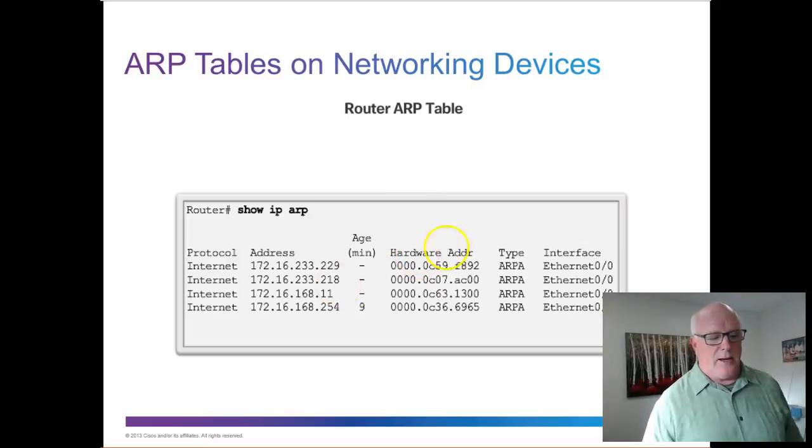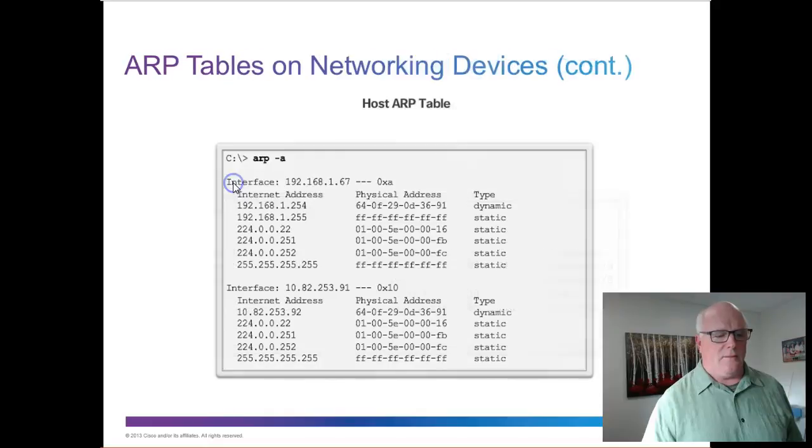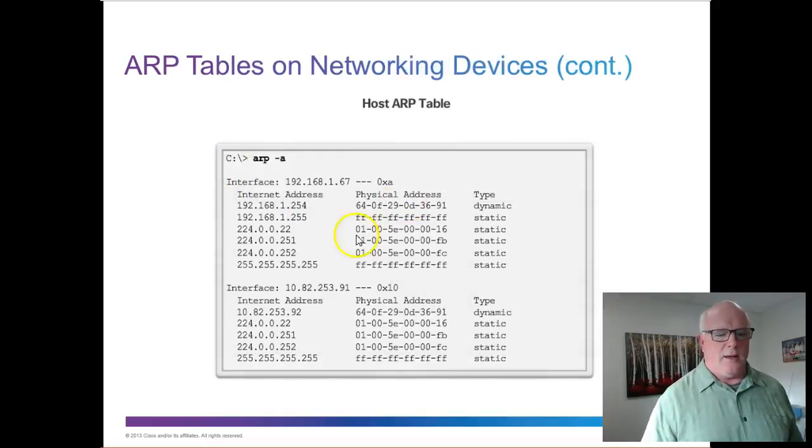On a router, it has IP addresses, and then it has a hardware address to go with it, and what the name of that interface is, and how old it is. So if it's just been updated on the router, they stay a longer time. Maybe not so on a PC. So on your PC, you would type arp -a, and you would get the IP address, the physical address.